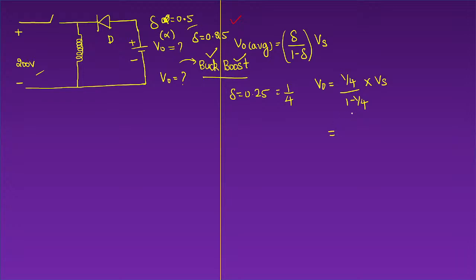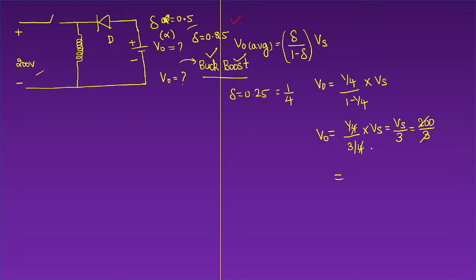So I can write it as 1 by 4 upon 3 by 4. The 4s cancel out, into supply voltage. So I can say it will be Vs upon 3. It clearly indicates that the output voltage will become 1 by 3 times the input voltage. Input voltage is already given as 200 volts. If I divide it by 3, what will you get?